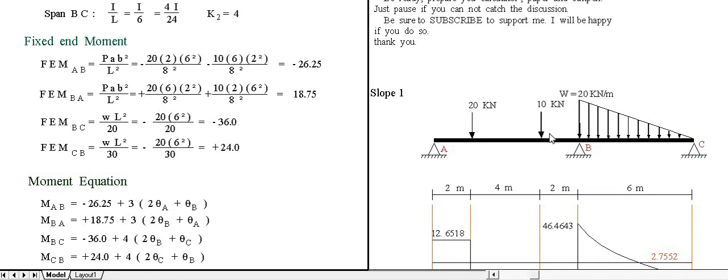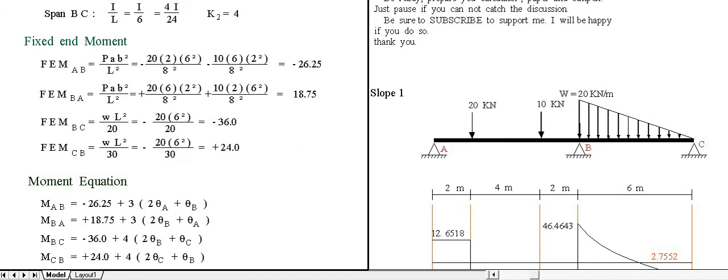The first variable is 6, then 2 square: 20 times 6, 2 square over 8 square. Next, the 10 is plus 10. First variable is 2, then 6 square divided by 8 square. Simplifying, this is 18.75. Okay. Next, the fixed end moment for the BC.